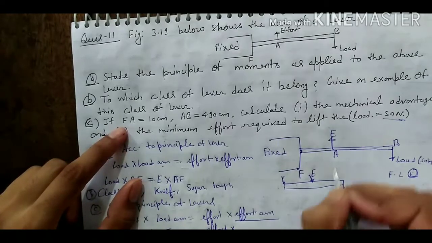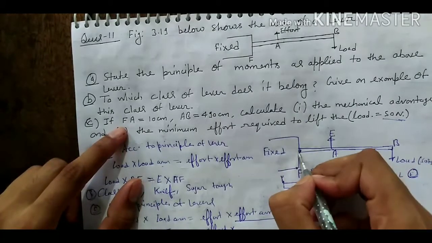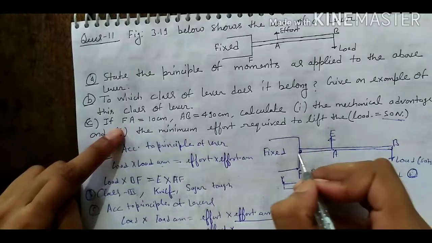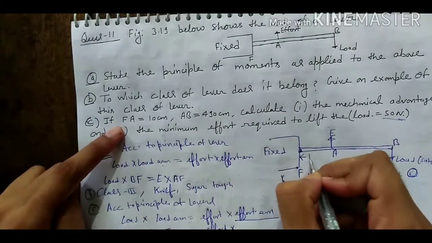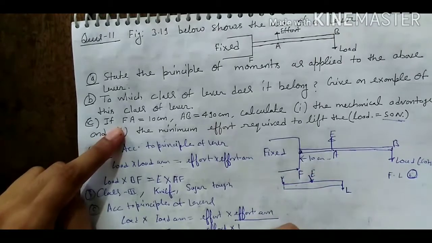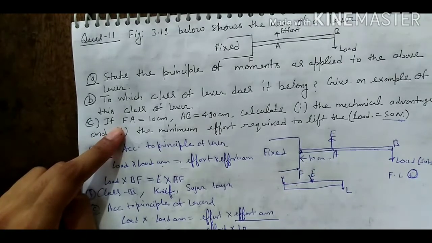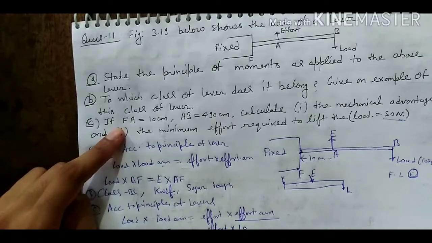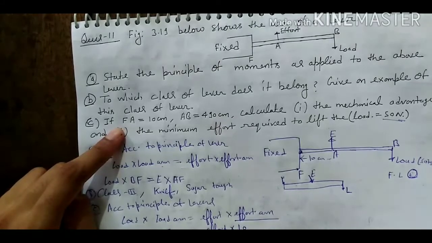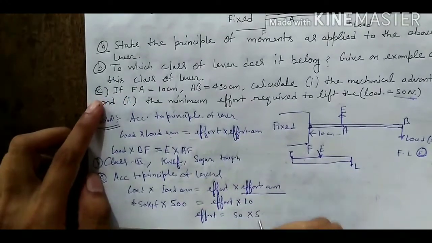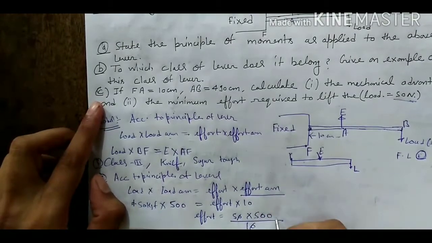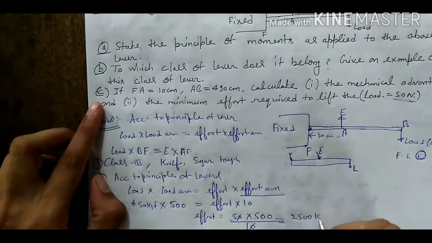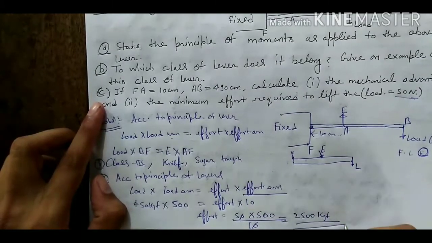Effort arm is the distance from fulcrum to effort, given as 10 centimeter. So effort will equal 50 into 500 upon 10. This 10 will cancel out. 50 into 50, 2500 kg. This will be the value of effort.